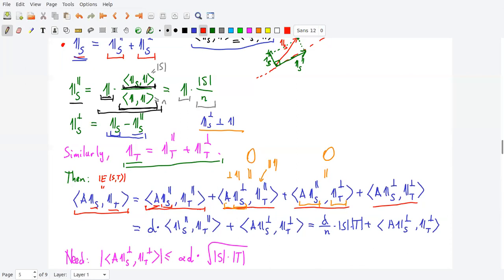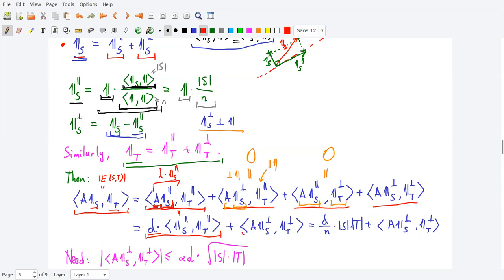So first of all, this is something that is parallel to all ones. And all ones is an eigenvector of the matrix A with eigenvalue D. So A times this thing just multiplies it by D. So this term is equal to this here, because this thing is just D times all ones on S parallel.